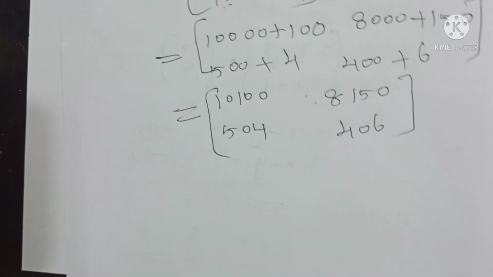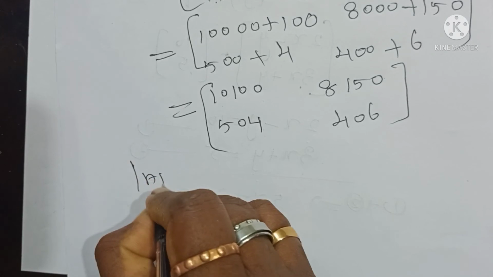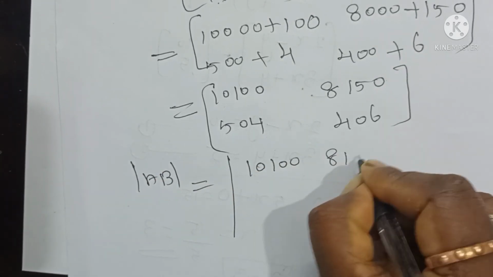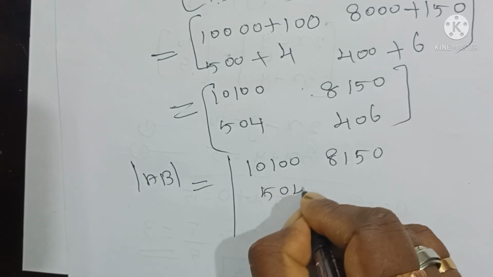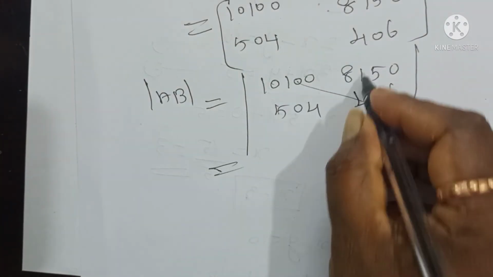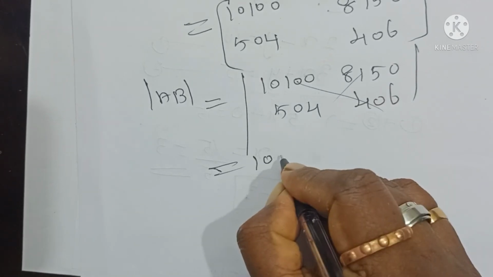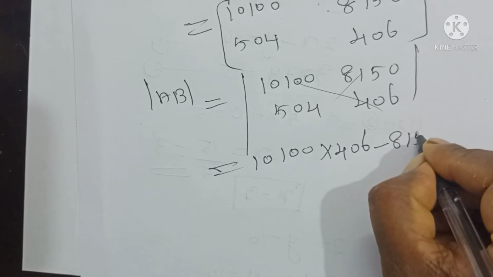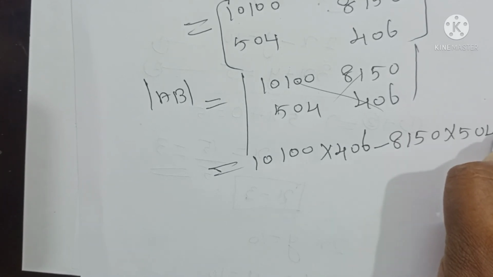Then you have to find the determinant of AB. By cross multiplication, it is 10,100 into 406 minus 8,150 into 504.